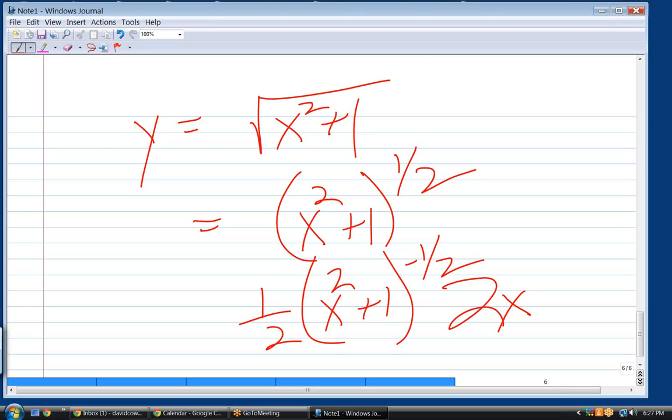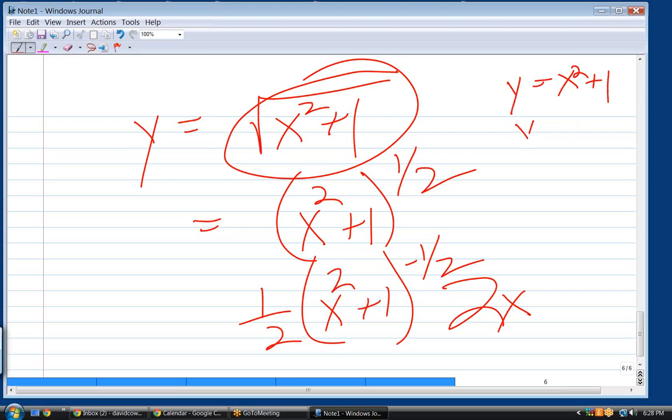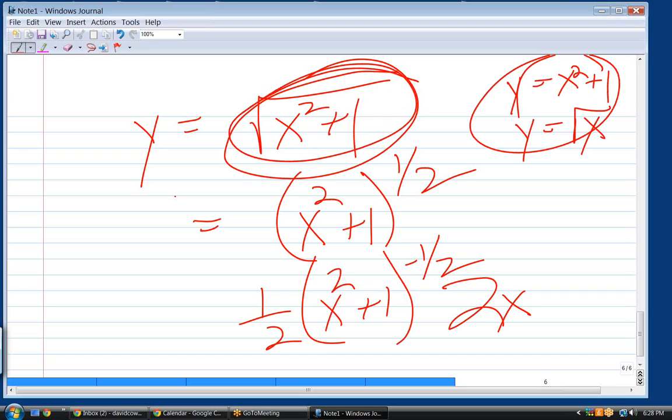When you have a composite function, and this is a composite function, made up of y equals x squared plus 2 and another function that's square root of x, put those together and you end up with that. You have to apply the chain rule: take the derivative of the outside and then multiply it by the derivative of the inside. And it can get very complicated.